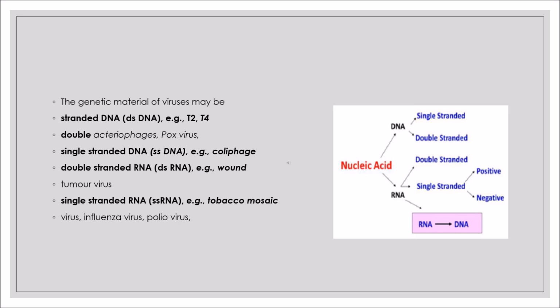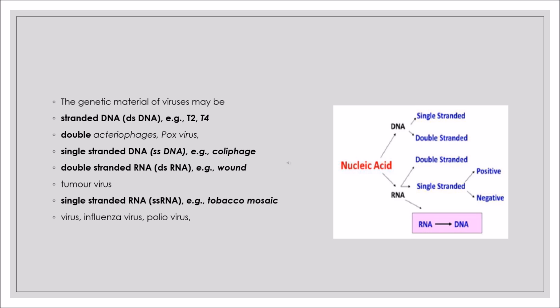Single-stranded, with only one strand of DNA, is called ssDNA, for example coliphage. Double-stranded RNA is dsRNA, for example wound tumor virus. And single-stranded RNA is ssRNA. In tobacco mosaic virus, influenza virus and polio virus, single-stranded RNA is present.